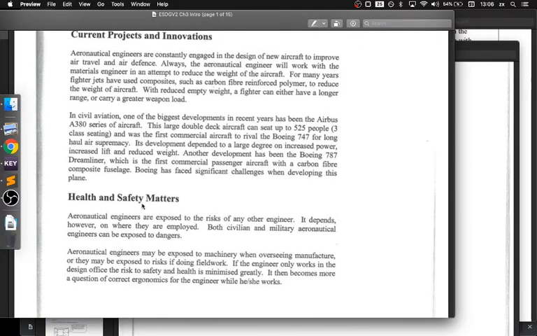Current projects and innovations. These days, you probably wouldn't say the Dreamliner was a big innovation. What I would say is that drones are definitely an innovative area of aeronautical engineering. We have a lot of work happening, and a lot of the new applications for drones are improving all the time.